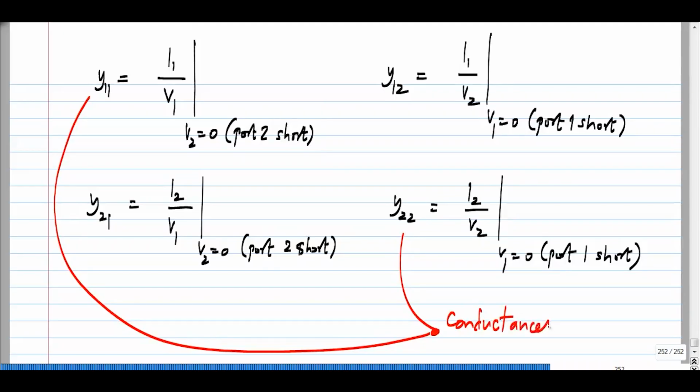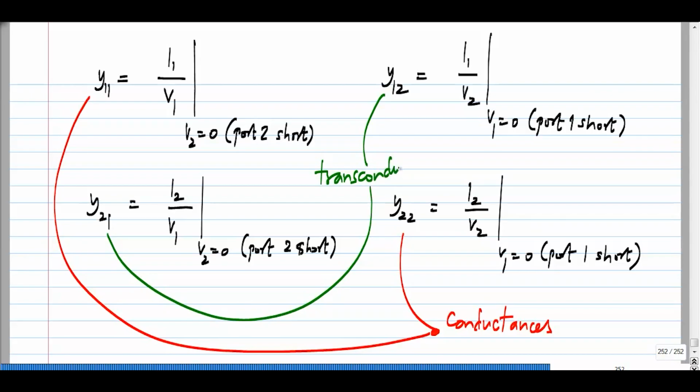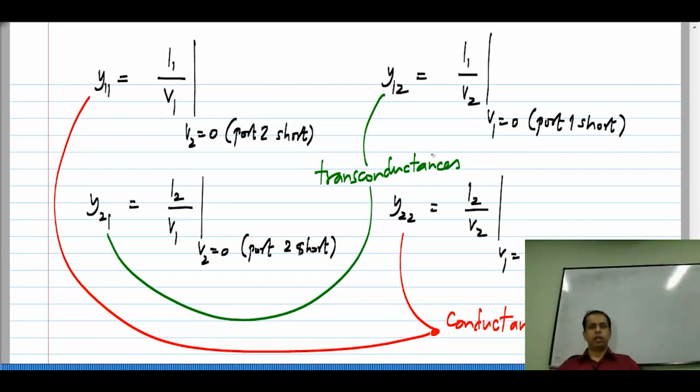Of course, under a specific condition. It is the conductance looking into the circuit with the other port shorted, and this Y21 and Y12 are transconductances. That is, they are ratios of current to voltages, but not on the same port. The current is at some port and the voltage is at some other port.